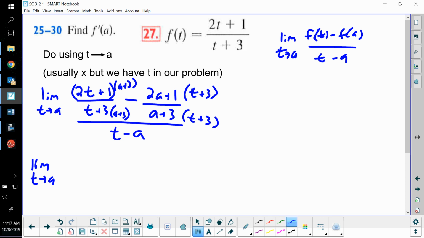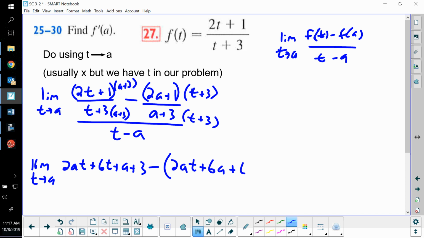That's going to give you 2at plus 6t plus a plus 3 minus, well, we got to start a parenthesis because we're going to be subtracting a whole bunch of stuff. We'll FOIL out the 2a plus 1 and the t plus 3. That'll give us 2at plus 6a plus t plus 3.